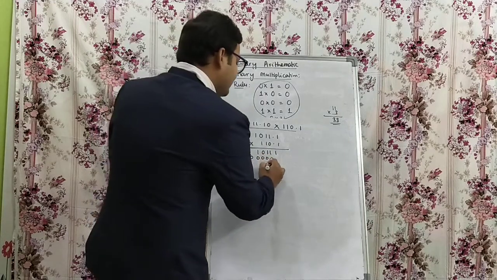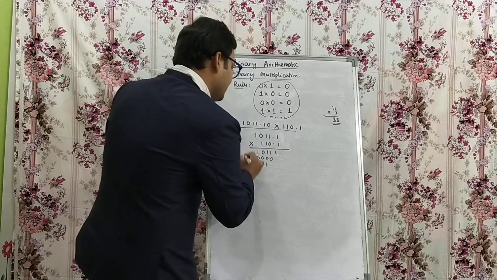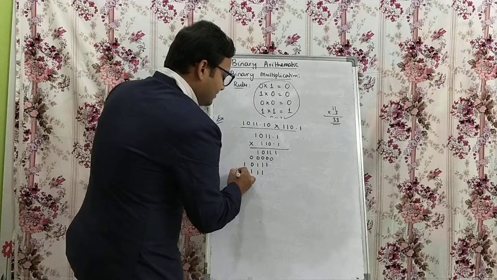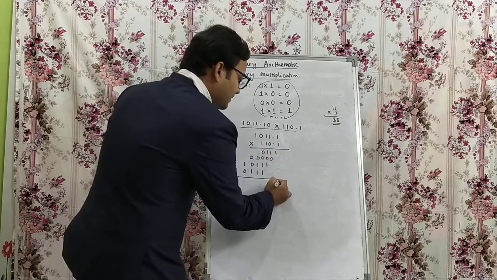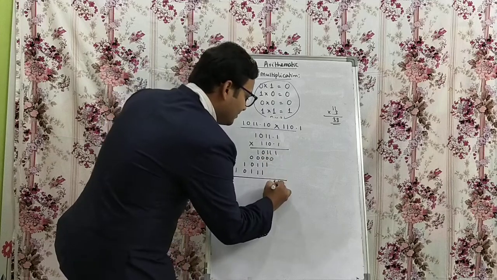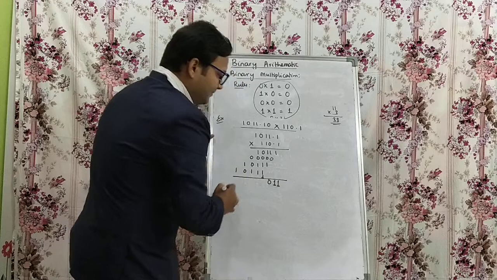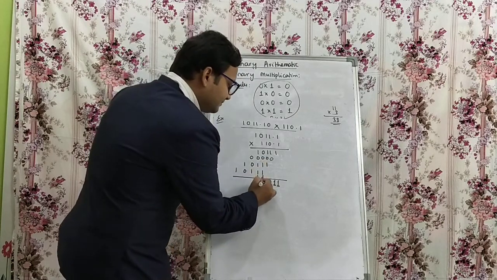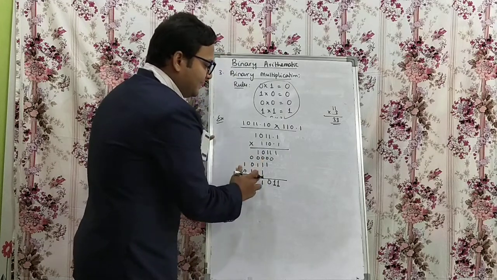Okay. Next, again 1, 1, 1, 0, 1. Again 1, 1, 1, 0. Now you can add. So what is that? 1, 0, 1, 1, 1, 1, 0, 1, 0, carry 1. Now 1, 1, 0, 0 plus 1, 1. Sum with carry 1. Now see here, this is a little bit different.